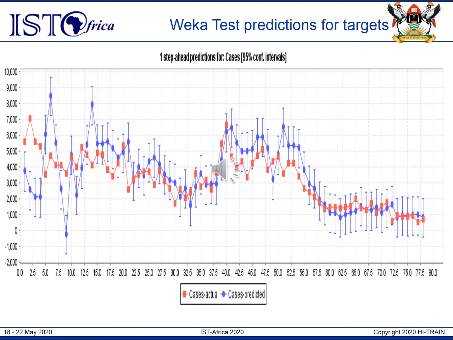So we believe that if we are to get data of a much longer period, maybe 10 years, 30 years, we could greatly rely on this Weka prediction model to predict the future of our malaria cases in particular regions of our country, which could greatly improve our resource allocation capacities.